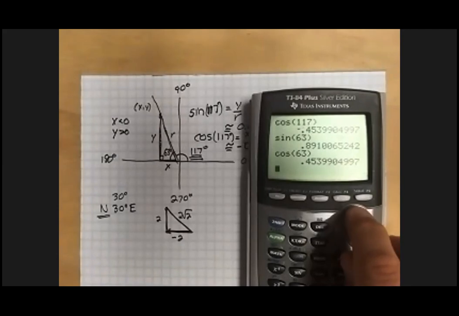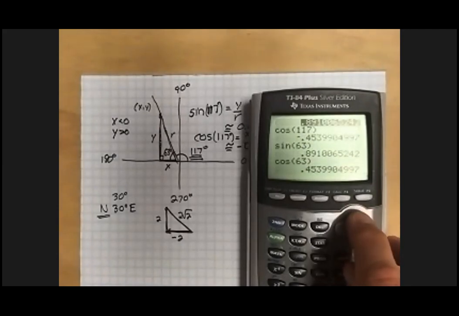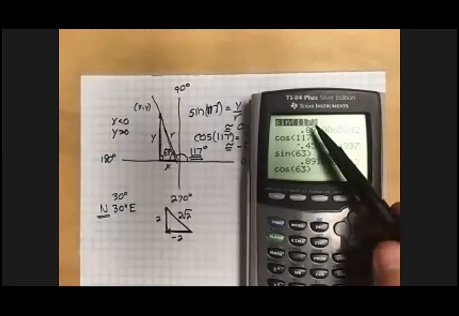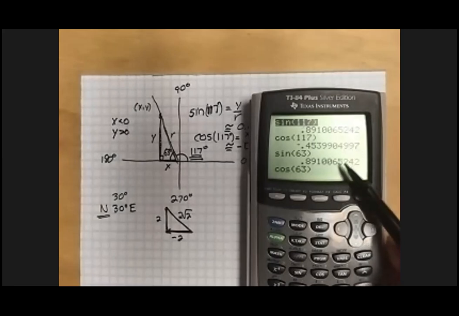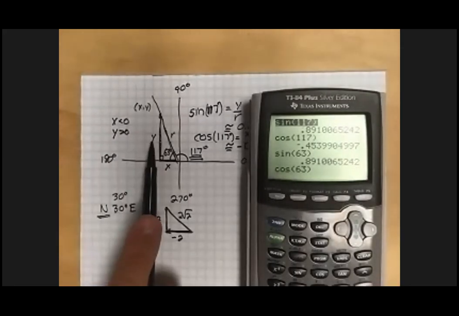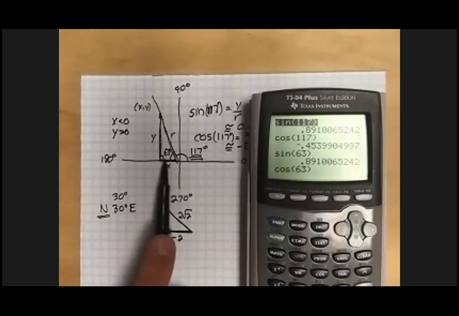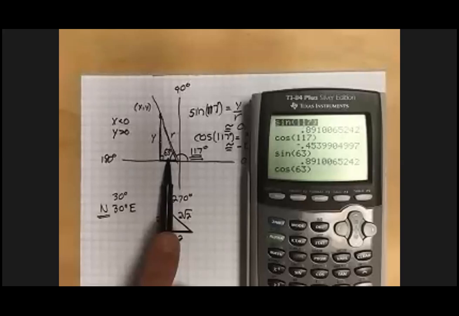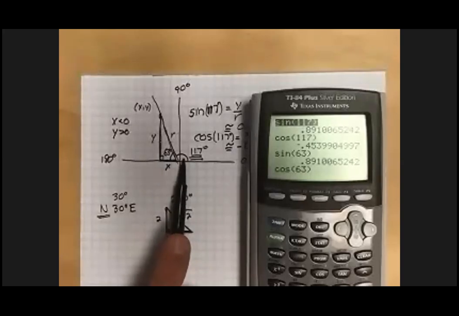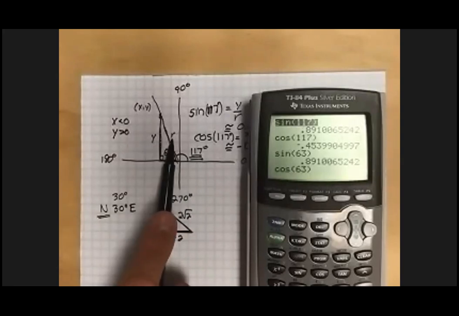Almost. Look at sine 117 compared to sine 63. Those two numbers are the same. And that's a testimony to the fact that this height is the altitude or the vertical part of the 63-degree angle. And it's also the vertical part of the 117-degree angle. Y is positive, R is positive for both of these angles.